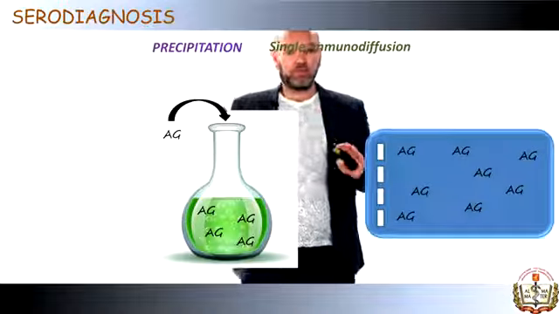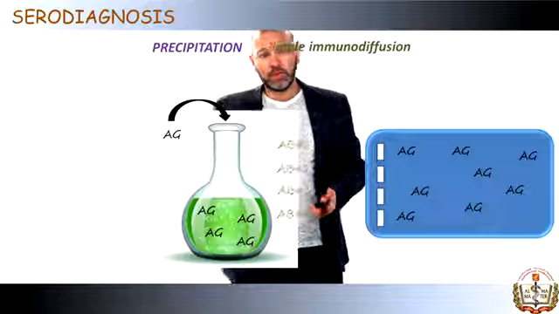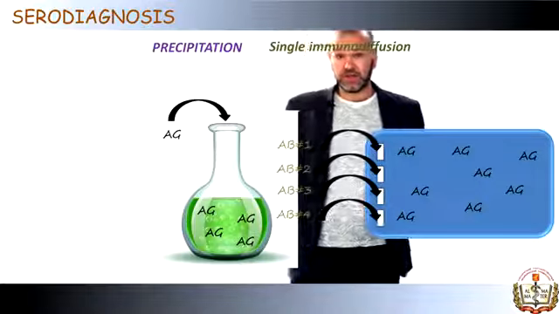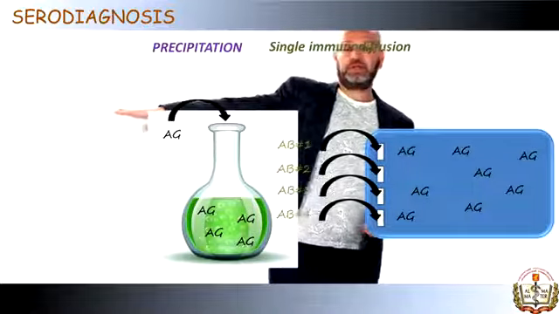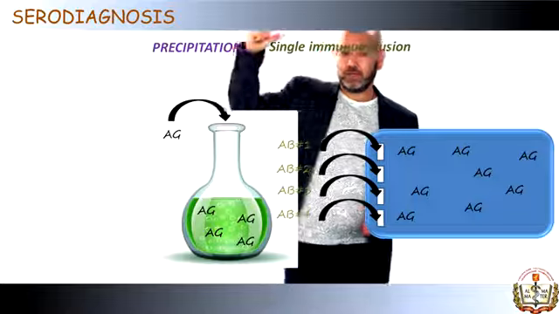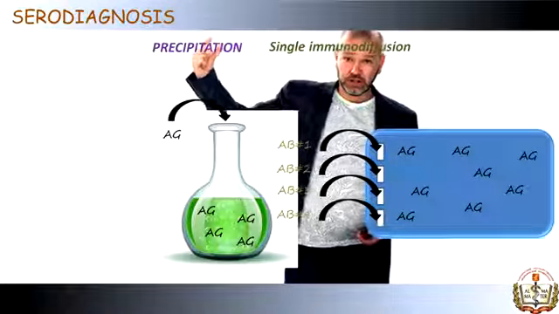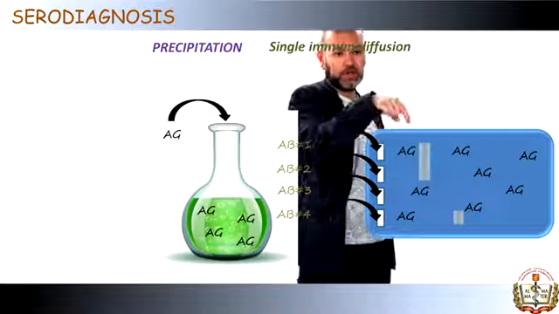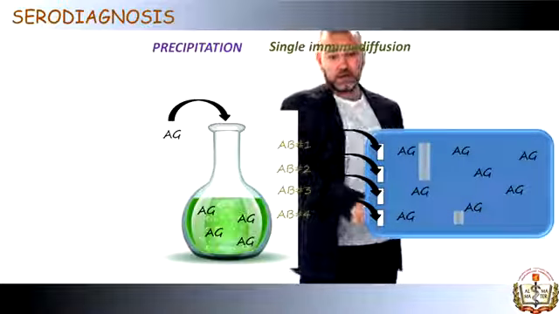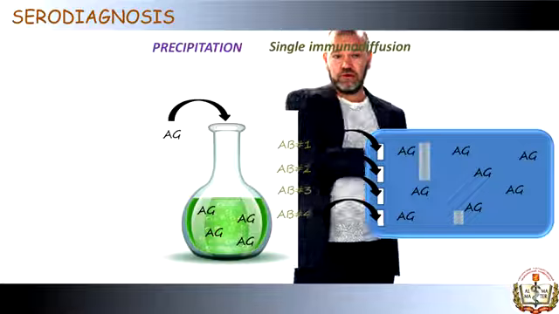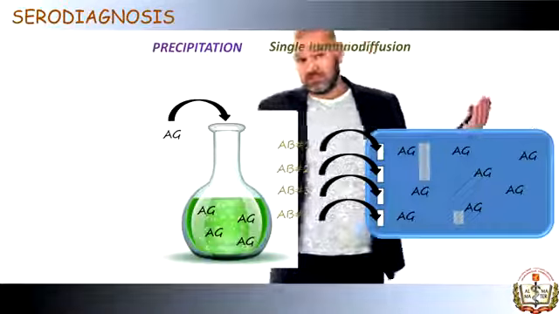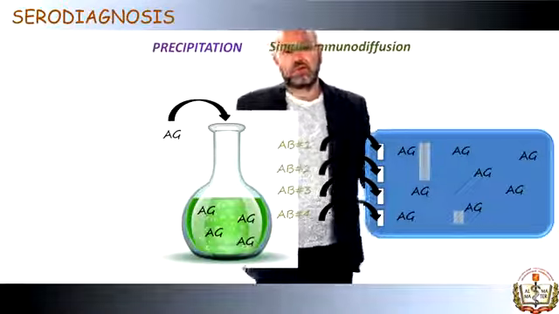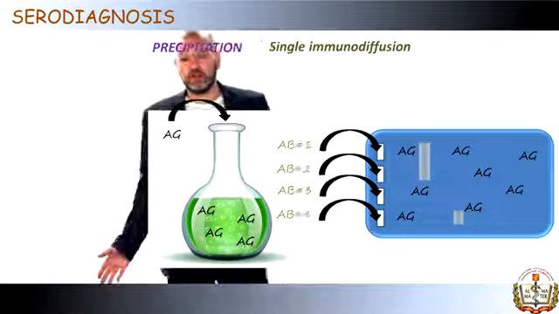They don't need to diffuse anywhere. They're fixed. And when you add antibodies to the gel, antibodies will diffuse. If your antibody and antigen are matching, they will form a complex, and you will see a zone of precipitation like here. If antigen and antibody are not matching, you have nothing. Pretty obvious idea, single or simple immunodiffusion.